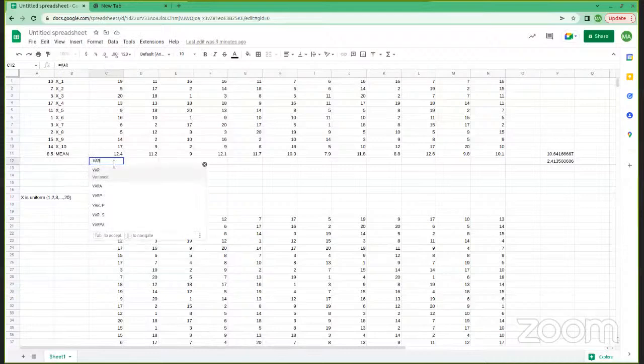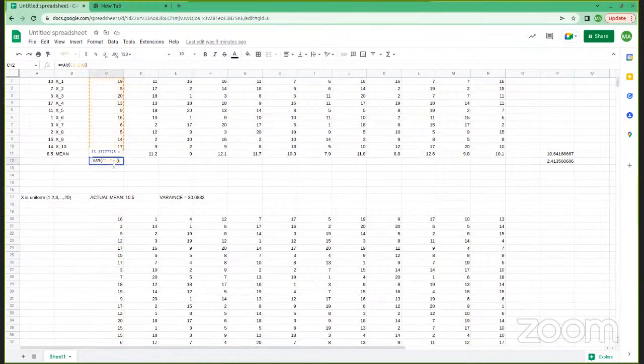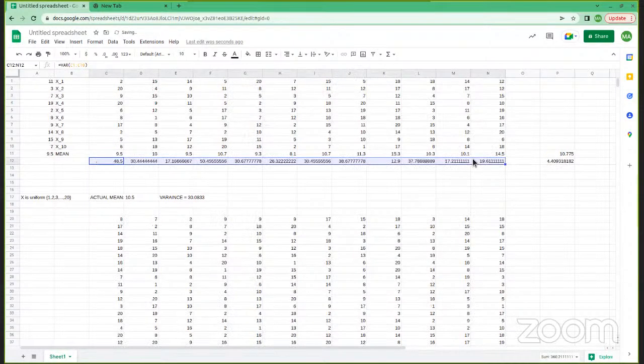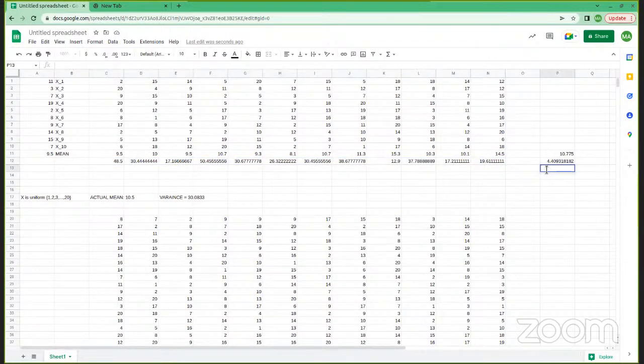So let me show you, with variances C1 to C10. This is 36. Likewise we have 48.5, 30, 17, 50, like this. So what is the expected value? The expected value is nothing but the average of these.